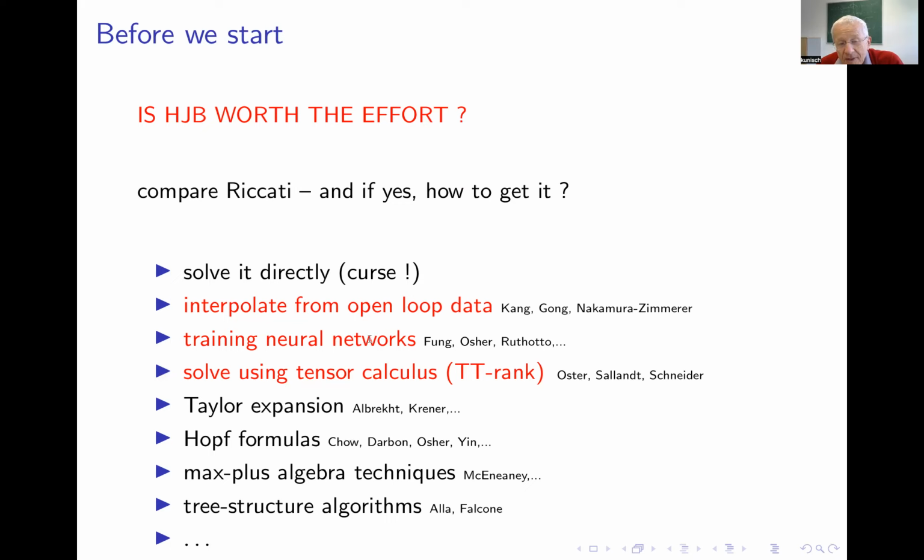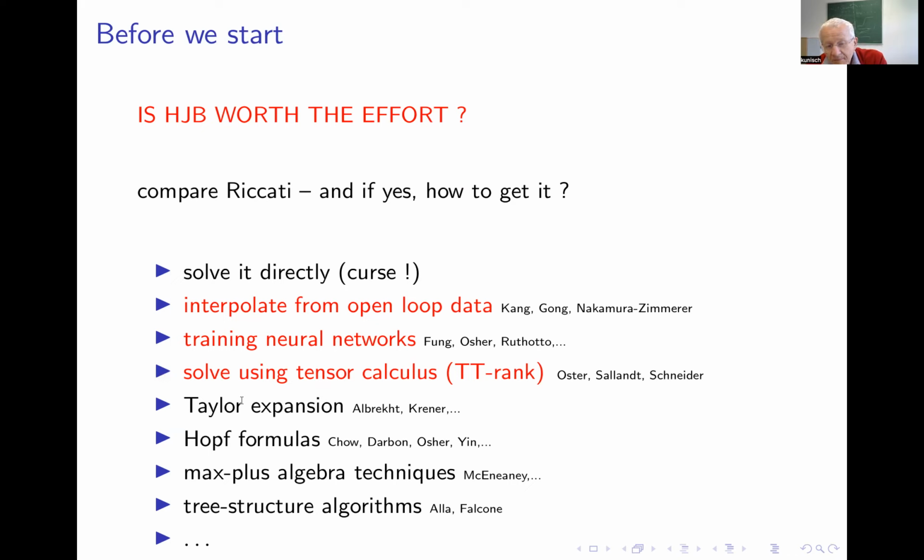Of course, once we want to quantify how good our solution is, we compare towards HJB, or at least by pencil and paper. We cannot solve HJB in general. Of course, if you want to solve it, and we tried also in part to do that, then tensor techniques, tensor train techniques are very useful. I may not have time to speak much about them.